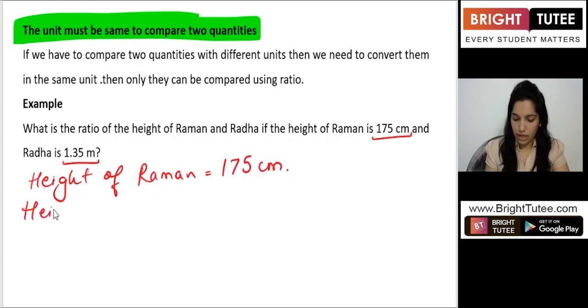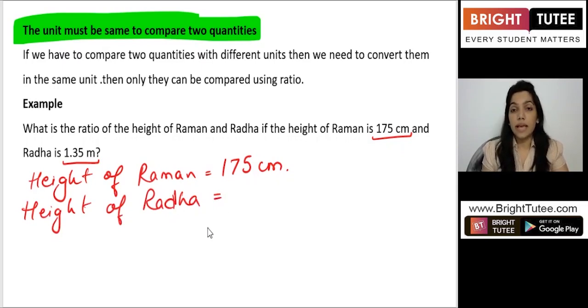Now what is the height for Radha given? Height of Radha, it is given in meters and it is 1.35 meters. If we are converting into centimeters, we know that 1 meter has got how many centimeters? 100. So how can we write 1.35 meters into centimeters? It will be 135 centimeters. Okay.